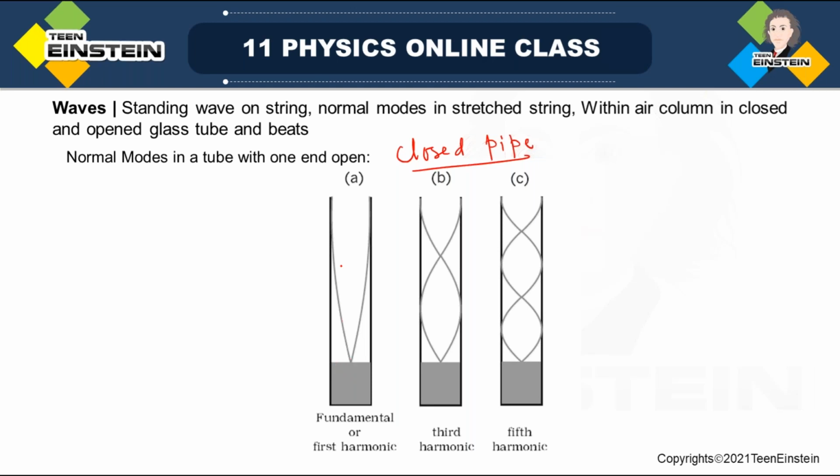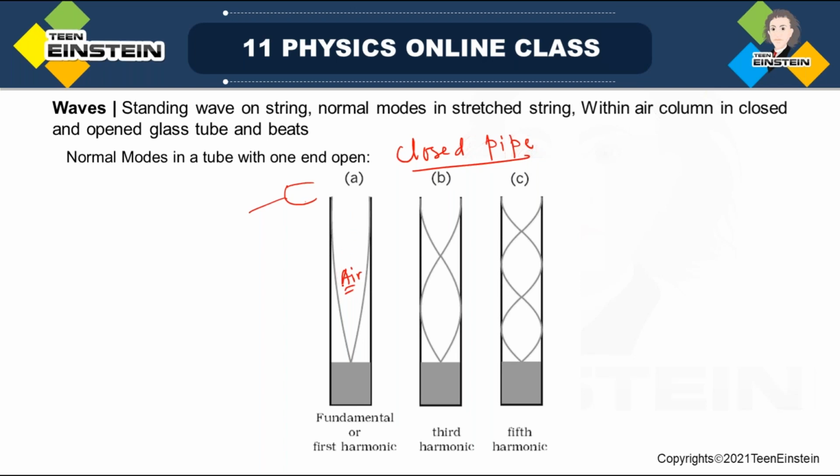Since it is empty above, there is an air column within this. If you bring a tuning fork and make some sound vibrations, that sound will produce vibration in the air column.